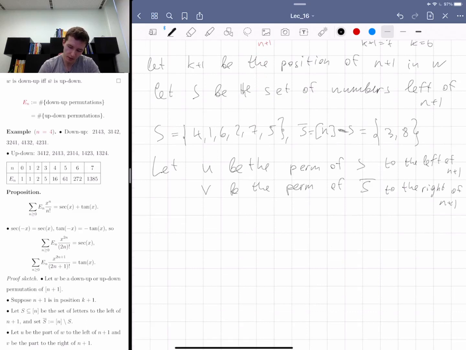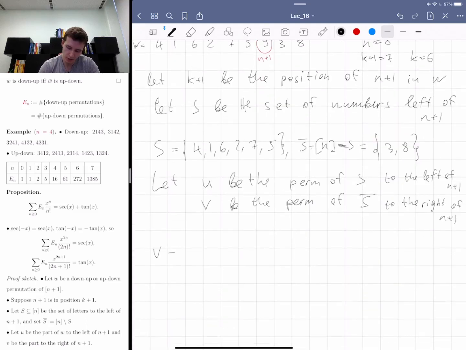So the claim is that V is an up-down permutation of S bar, and also the reverse of U is an up-down permutation of S.